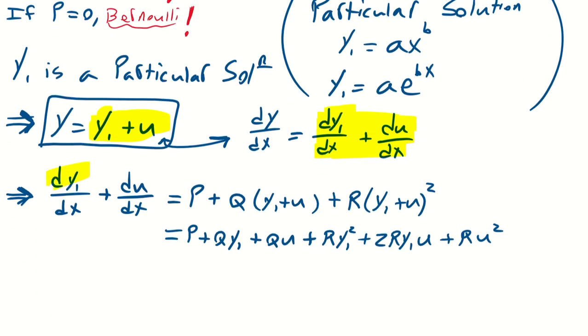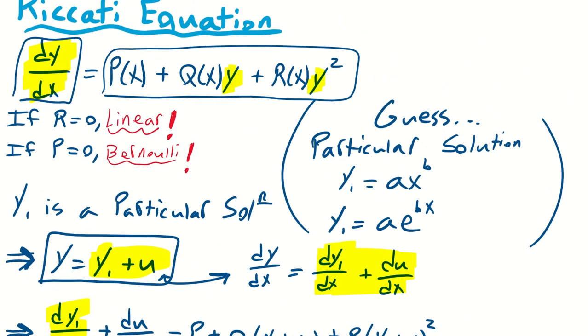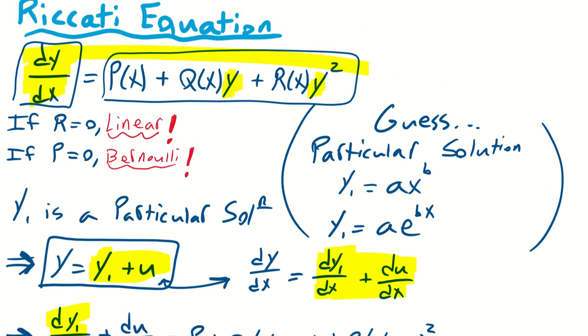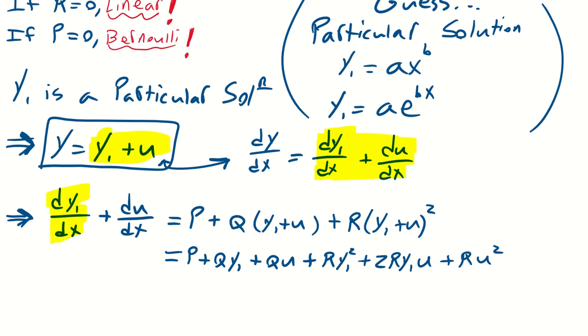In other words, we know what dy sub 1/dx is based on our equation here from the outset. And so, dy sub 1/dx is equal to p plus q y sub 1 plus r y sub 1 squared. And because of that, we can drop that out. We can simplify it, and the equality still holds.